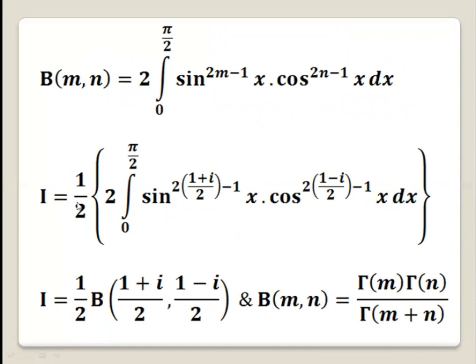So now we have I equals half multiplied by this term, which looks like the beta function, where m equals 1 plus i over 2 and n equals 1 minus i over 2. And so I will be half multiplied by beta(m, n), which is beta of (1 plus i over 2, 1 minus i over 2).